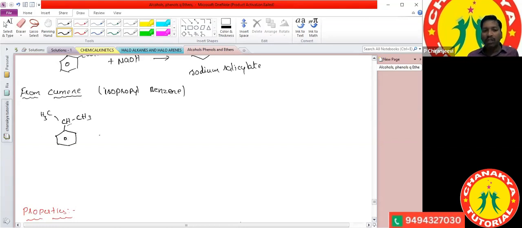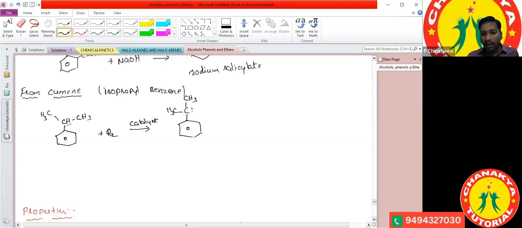When isopropyl benzene undergoes the oxidation reaction in the presence of a catalyst, it forms cumene hydroperoxide.